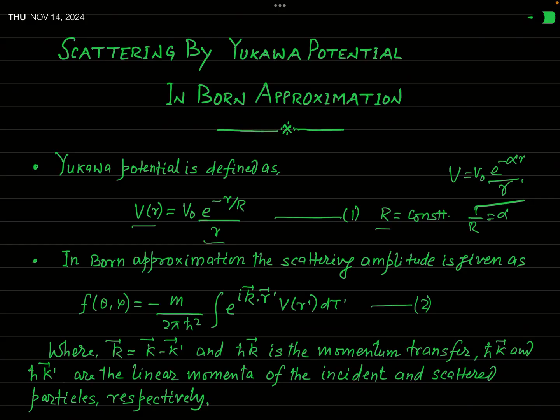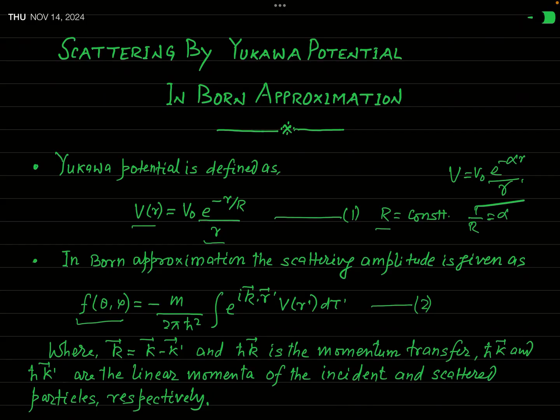Now, taking this potential as a scattering potential, we have to find the scattering cross section if a beam of particles gets incident on such a potential field. So now let us see how the scattering amplitude is defined in Born approximation. We have learned this several times earlier.